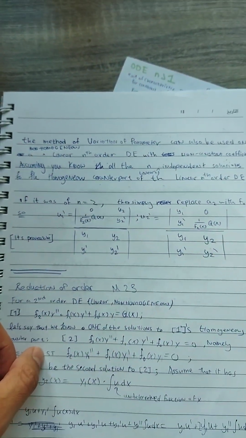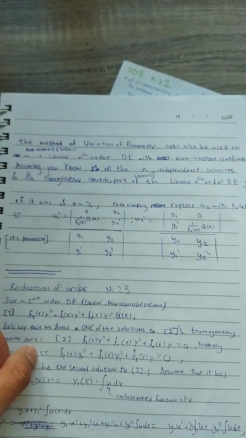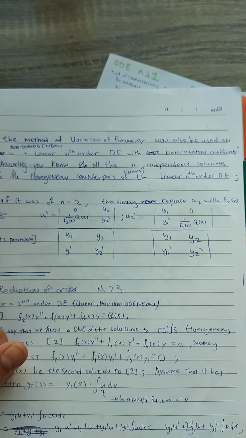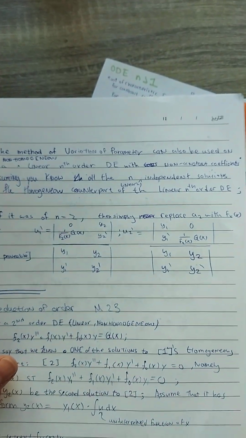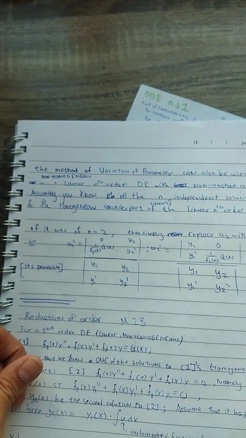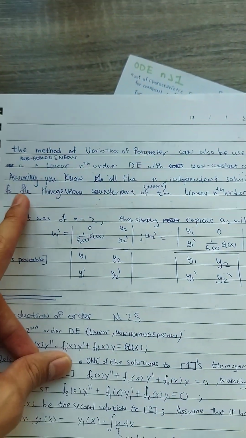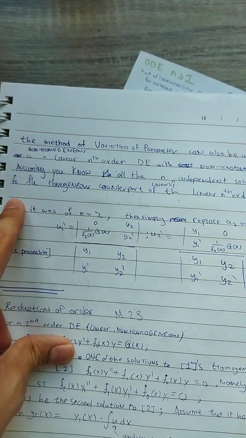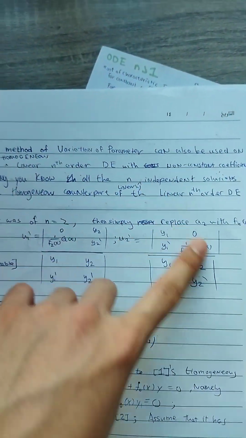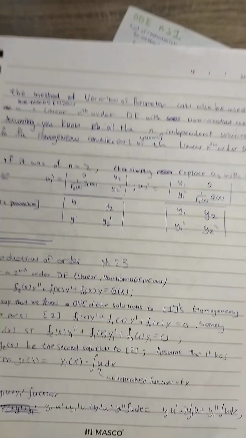And then you can say, right, the method of variation of parameters can also be used for a non-homogeneous linear nth order differential equation with non-constant coefficients, assuming that you know all of the n independent solutions to the homogeneous counterpart.